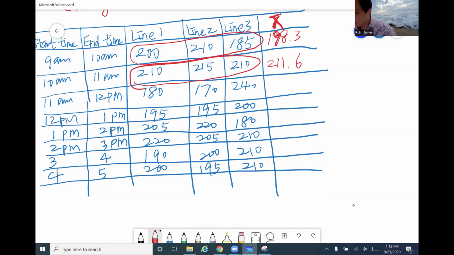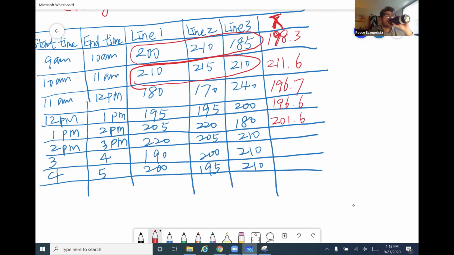Now 180, 170, 240. I have 196.7. Thank you. The next one, 195, 195, 200, 196.6. Is it right? Yeah, round it up. Very good. 205, 220 and 180. 201.6. Is that right? Yeah.